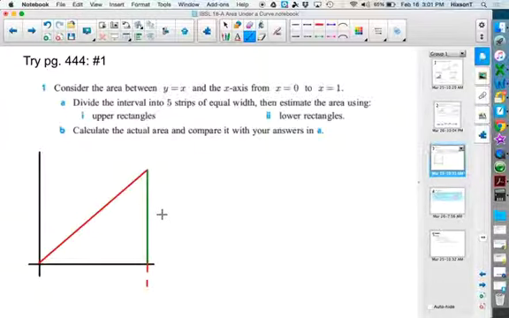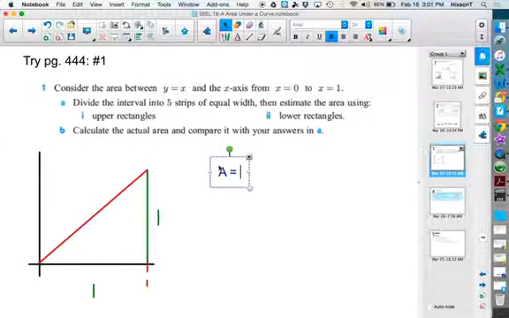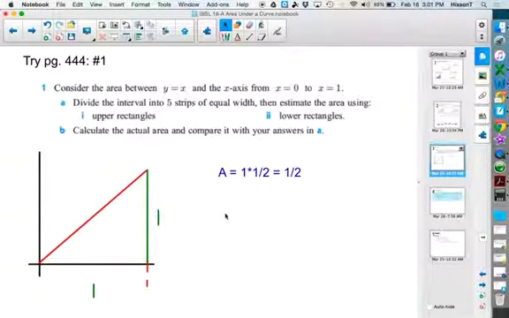How long is this side right here? 1. How long is this side down here? 1. So what should the area end up being? 1/2. So area equals 1 times 1 divided by 2, base times height divided by 2. So we know the area should end up being 1/2, just based on the fact that this is a triangle.